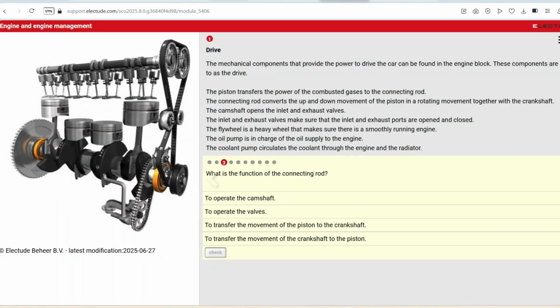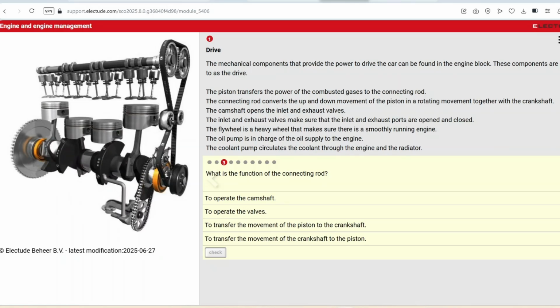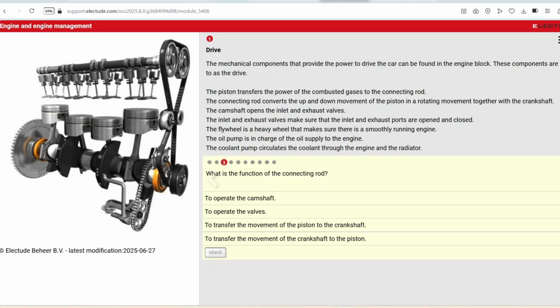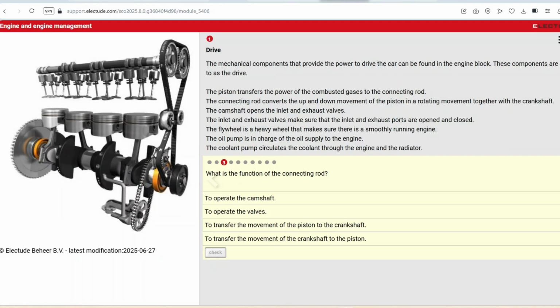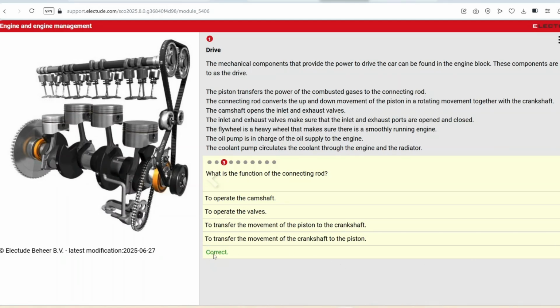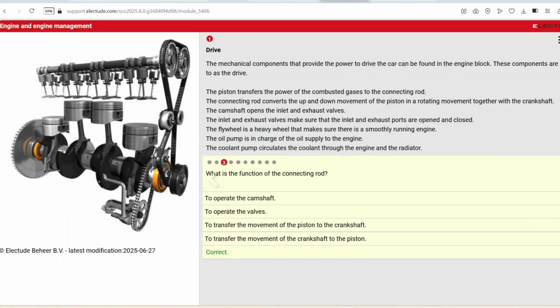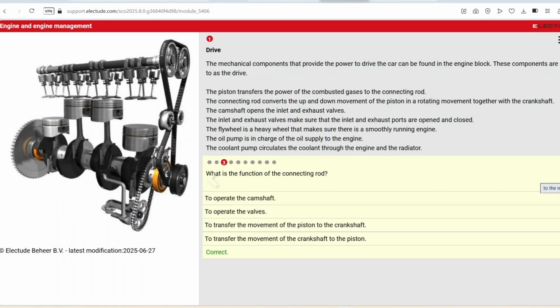I believe the first two are false, but the bottom two are correct. And I'm correct. So I move to the next question. Correct.